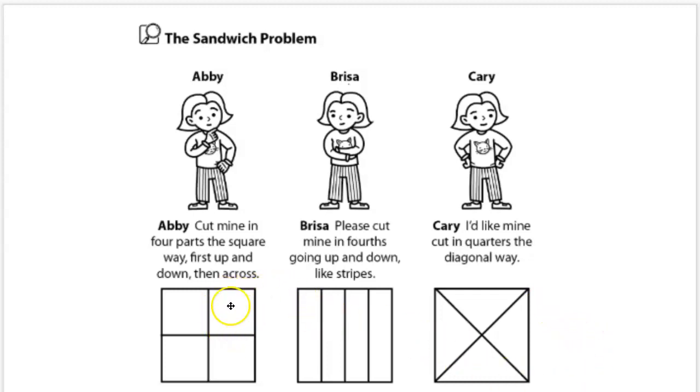Is there the same amount of space inside this square as you see inside this rectangle? Do you see the same amount of space in this rectangle as you see in this triangle? What about the triangle and the square? That's what we're thinking about today.